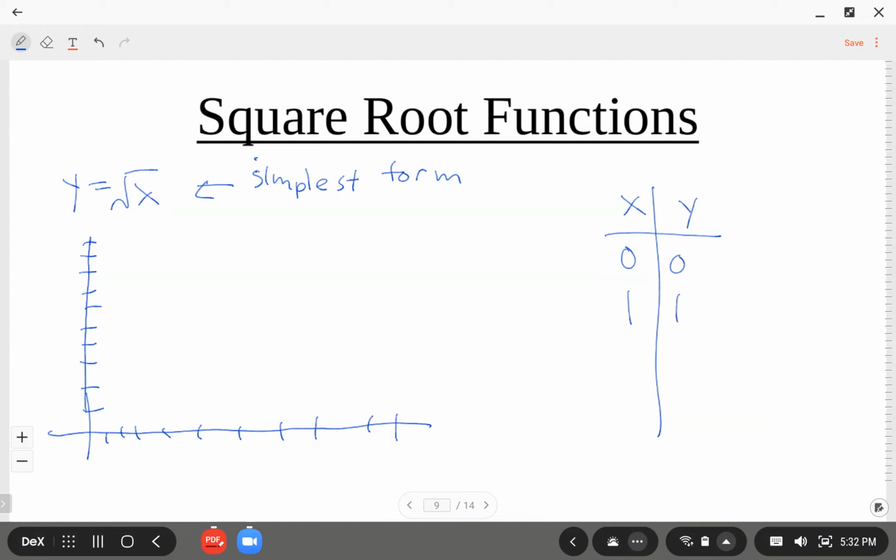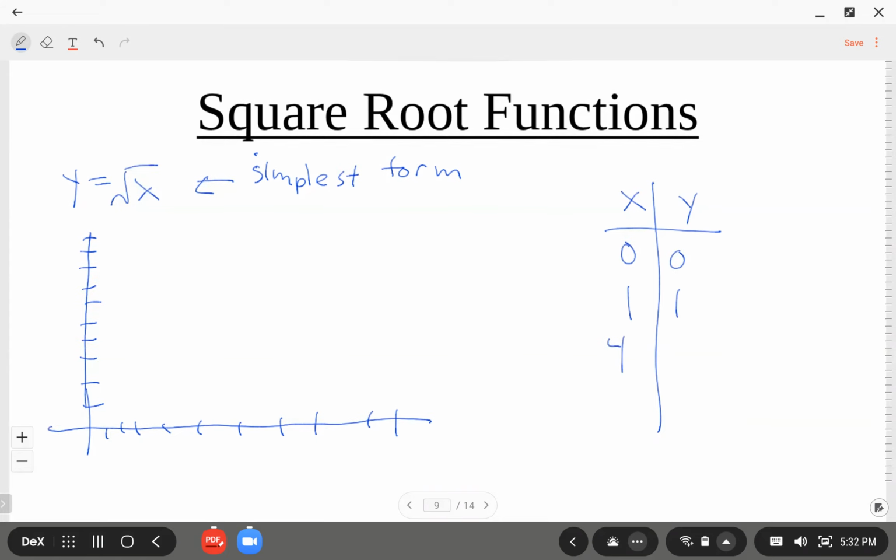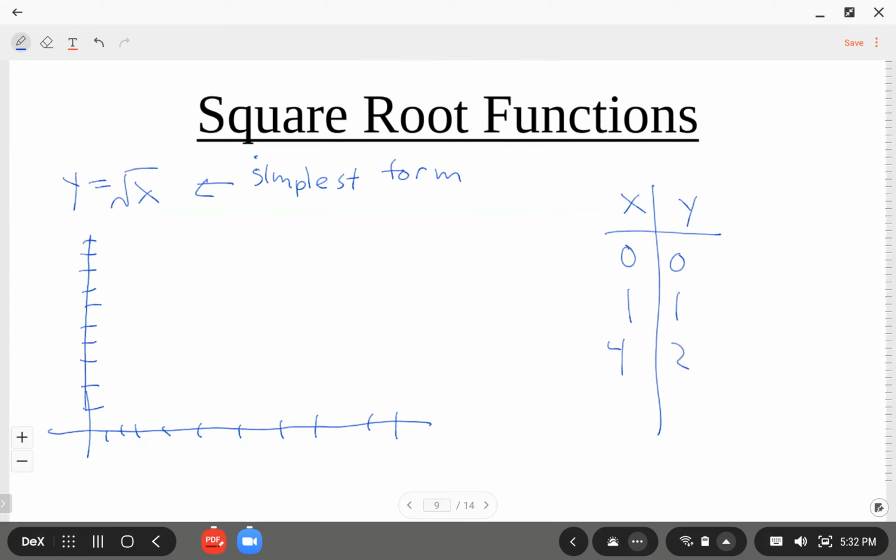If x is 4, the square root of x is 2. This goes on, 9 is 3, and 16 is 4. See here, we have 0, 0, then 1, 1, then 4, 2, and 5, 6, 7, 8, 9.